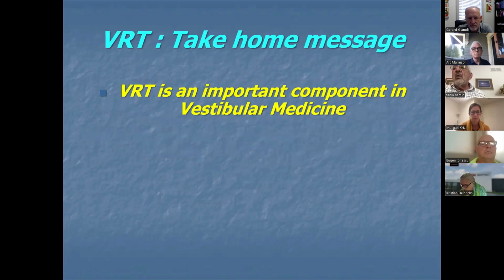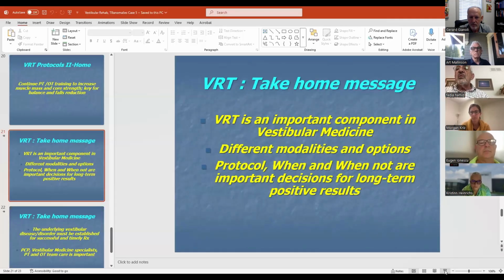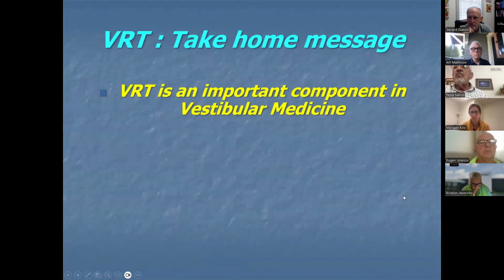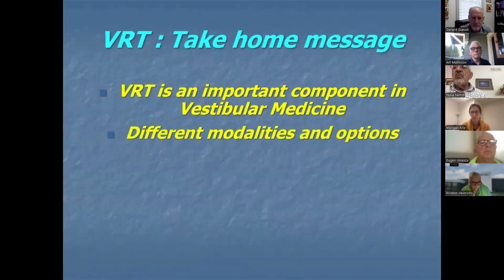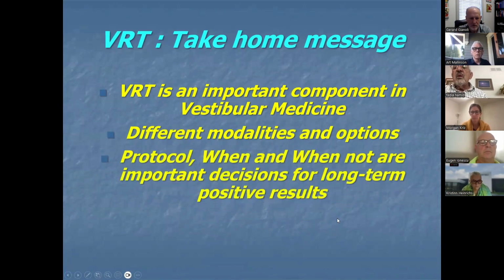So the take-home message: vestibular rehab therapy is an important component in vestibular medicine. Over the years, it really has not been emphasized until maybe the last 5 to 10 years or so. Next slide. I put different modalities and options. Next. The protocols, when and when not, are important to keep in mind for long-term positive results.